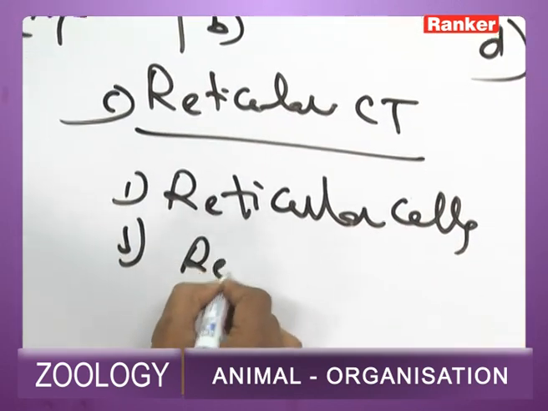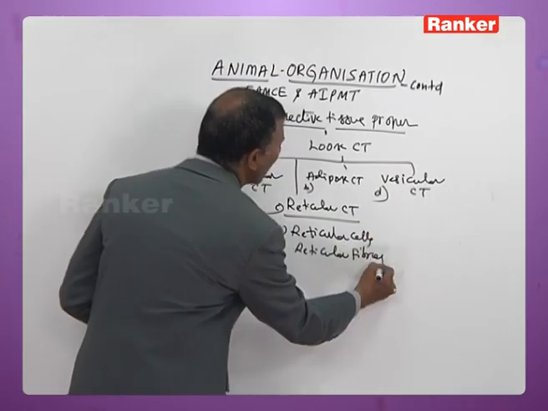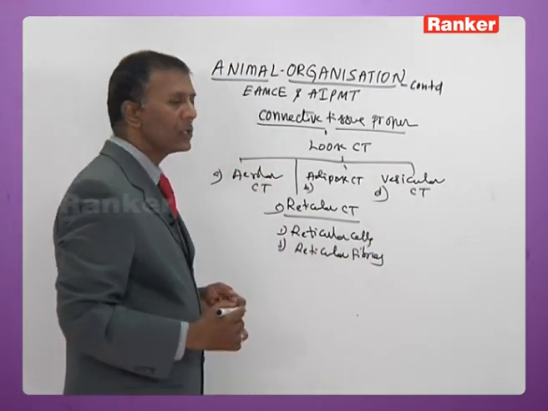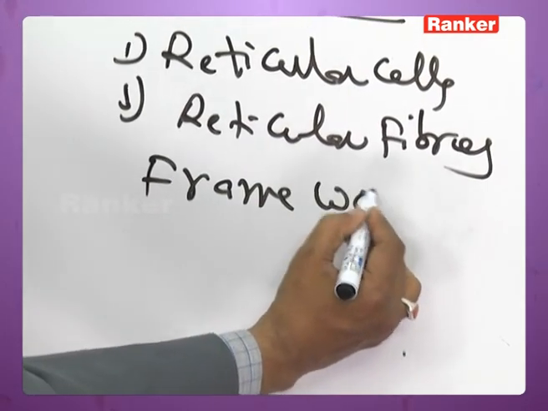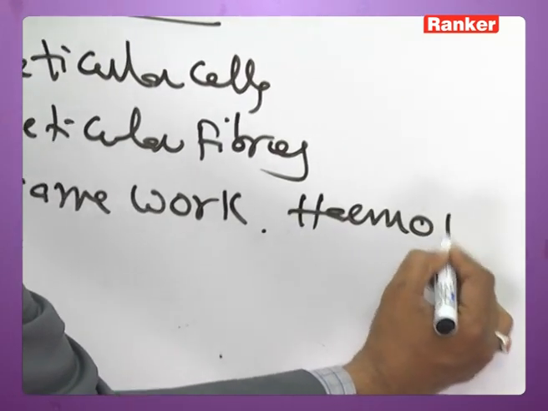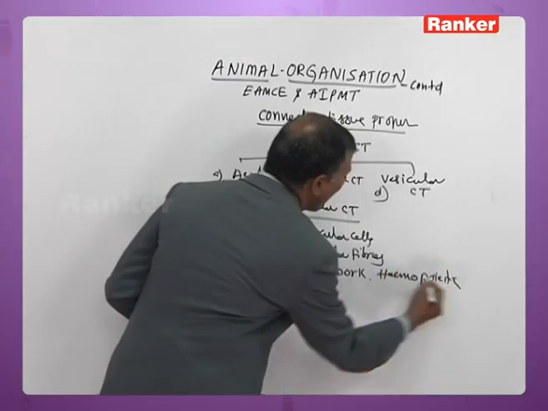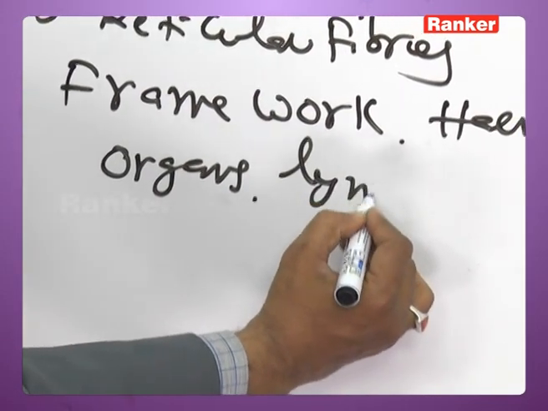It is made up of reticular fibers. This tissue forms a framework for hemopoietic organs and lymphoid organs.